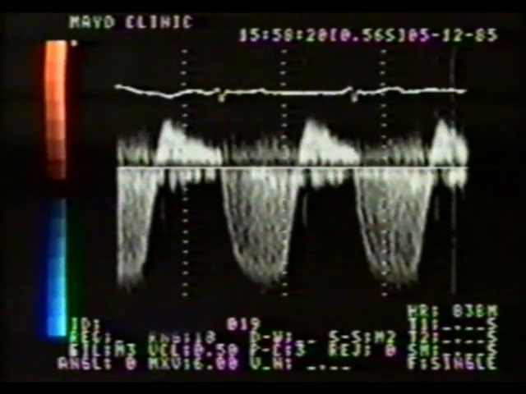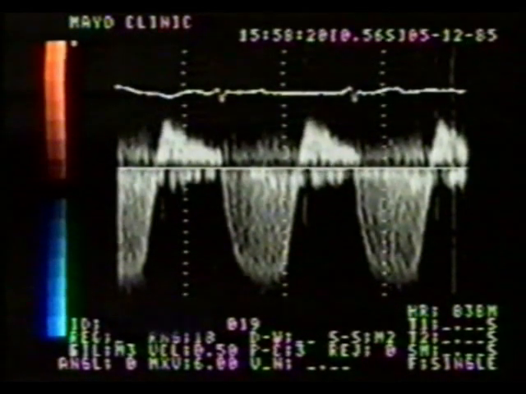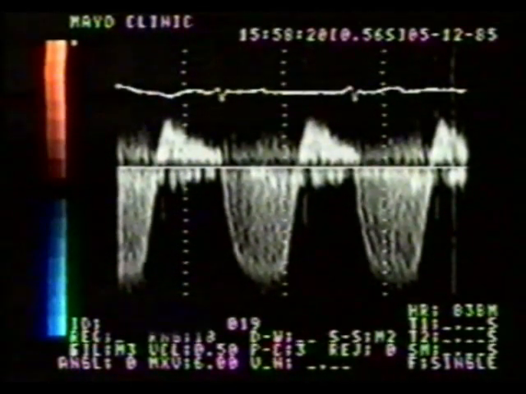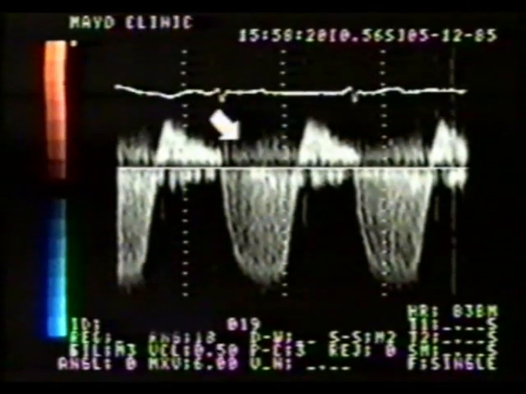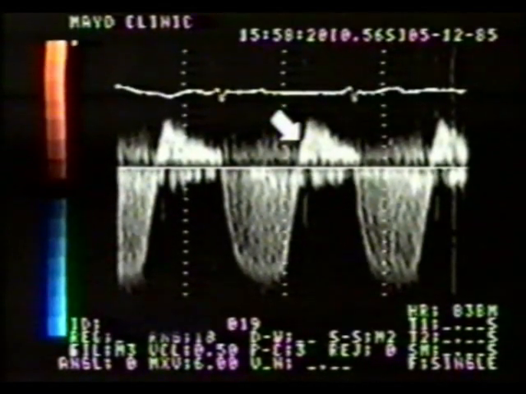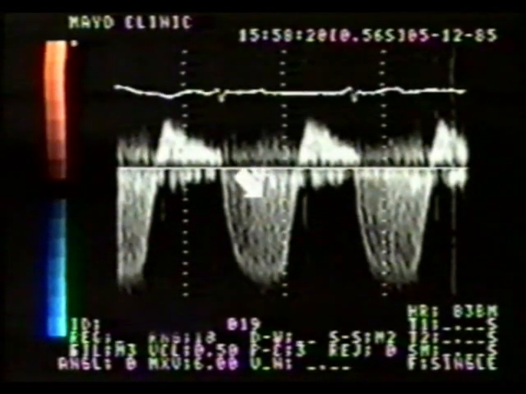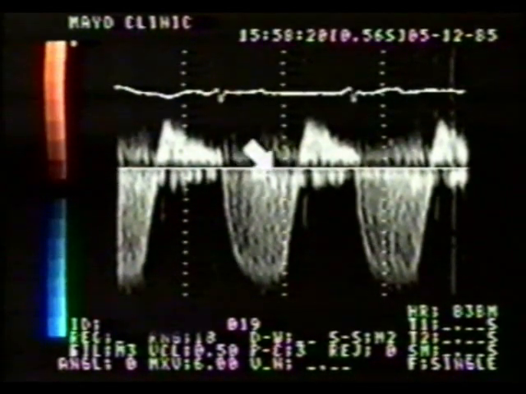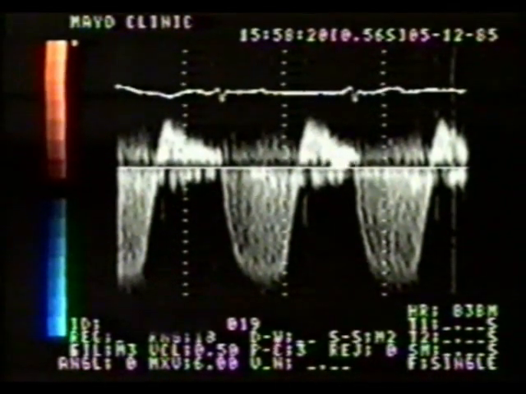The Doppler-derived velocity information is displayed on the screen and may also be recorded on a strip chart. This is a Doppler velocity spectrum obtained from a patient with very mild mitral stenosis and significant mitral insufficiency. As with the M mode, time is represented along the horizontal axis of the screen.